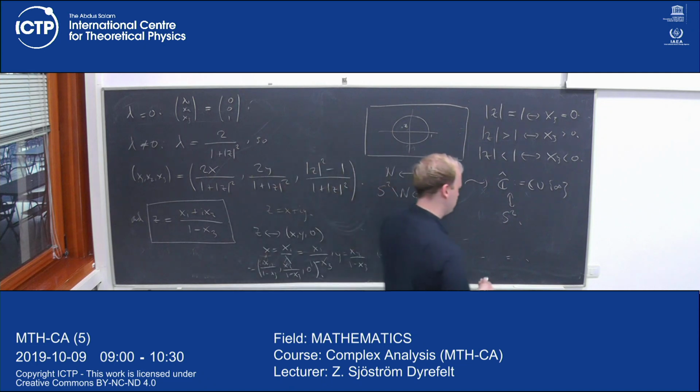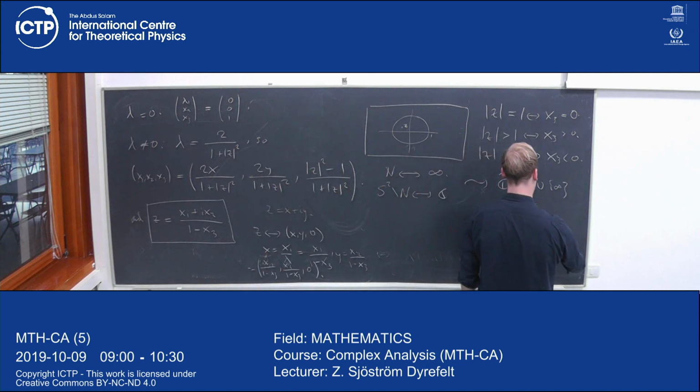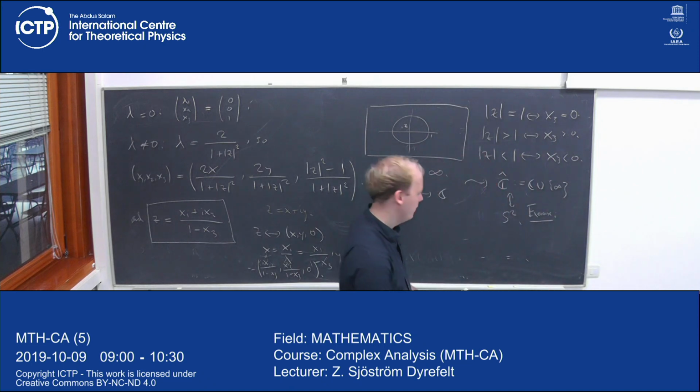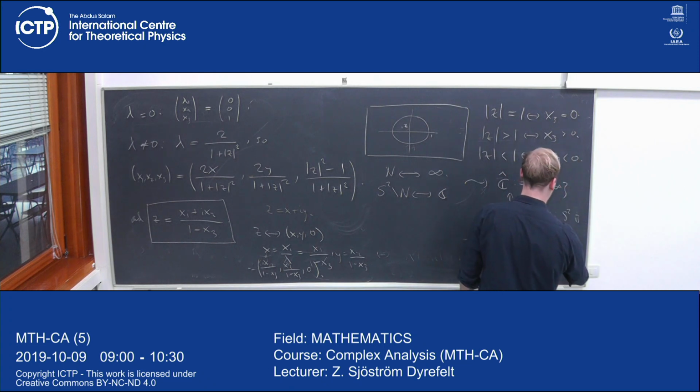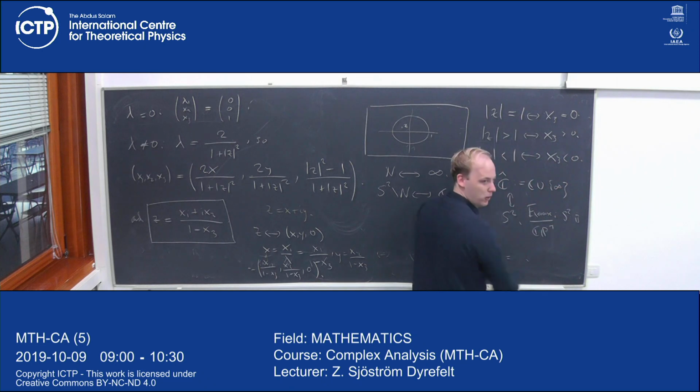And by the way, an exercise which I very much like is that S2, and all of these things, is exactly CP1. This is a bit outside of the course, but this is the complex projective line.